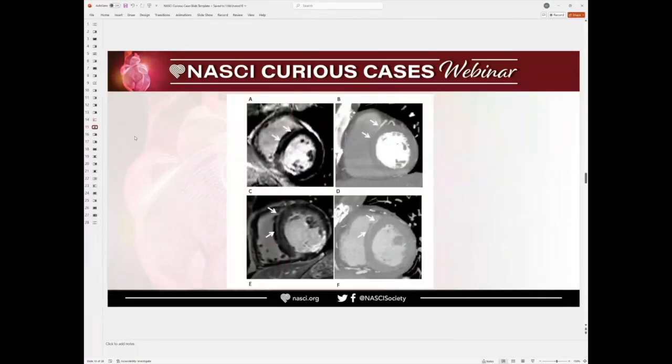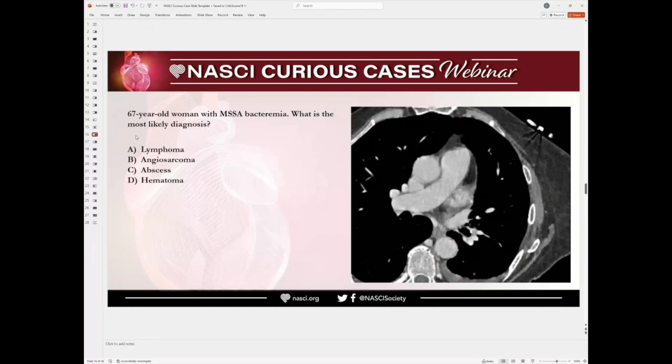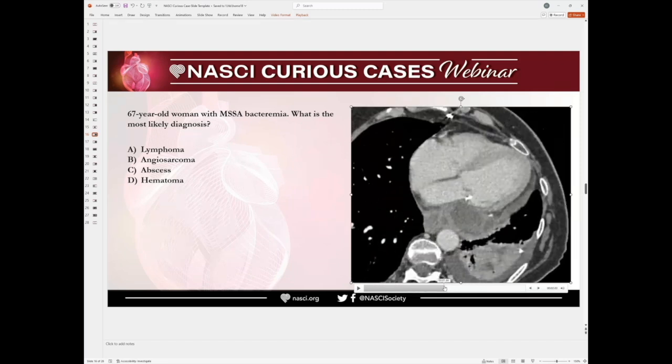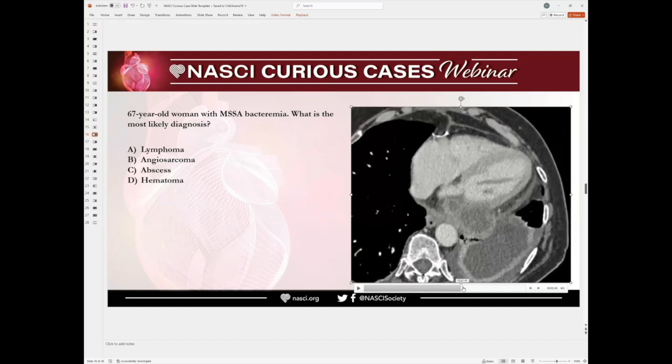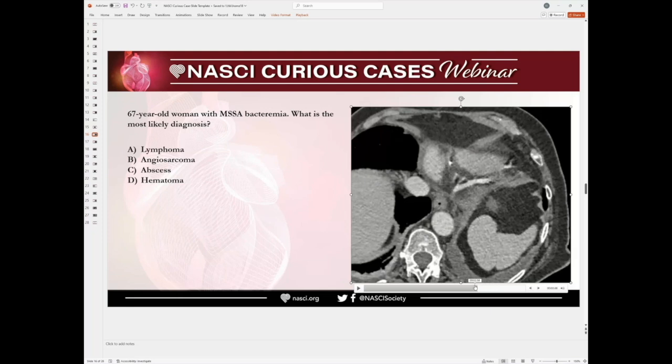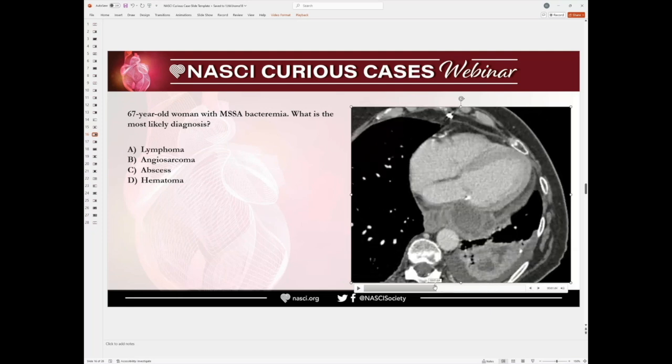Okay, so a 67-year-old woman with bacteremia. What's the most likely diagnosis? I'm going to scroll the image for you. The patient has some sepsis or bacteremia, and we have this CT.